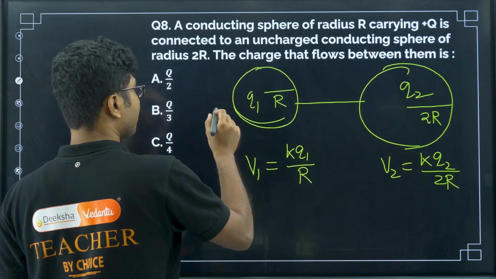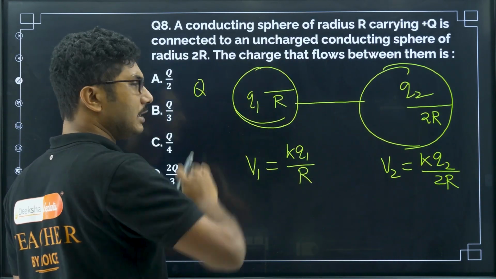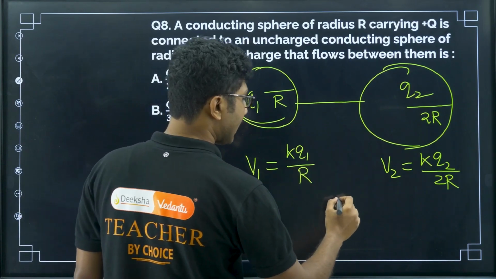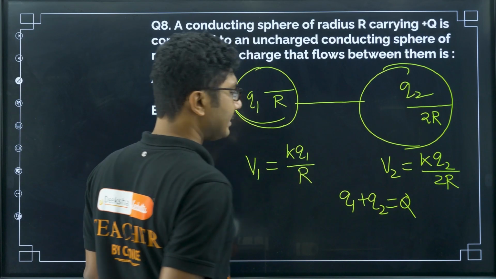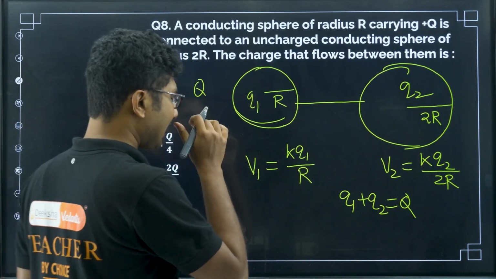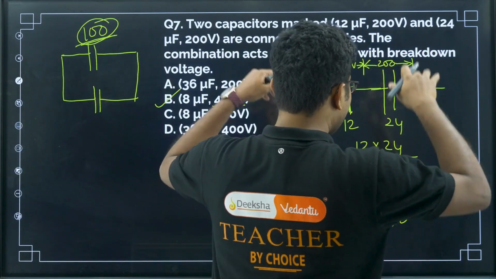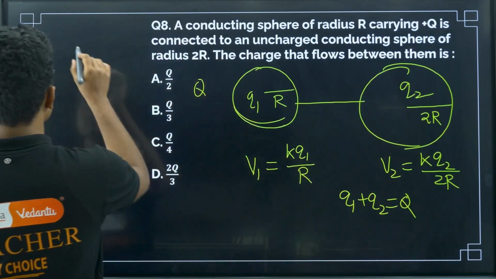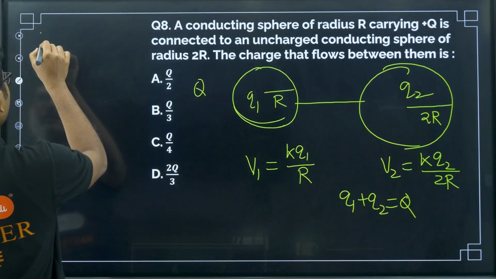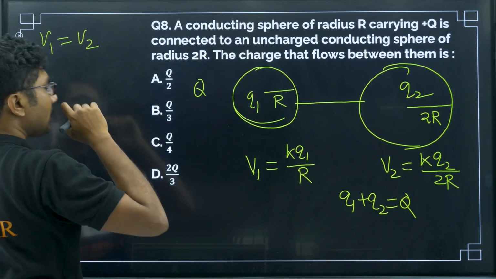Now, the initial charge of the system was capital Q. Only this sphere had this charge. So we can write Q1 plus Q2 equals capital Q, right? Now, when they are in balanced condition, these two potentials must be equal. So V1 must equal V2, right?